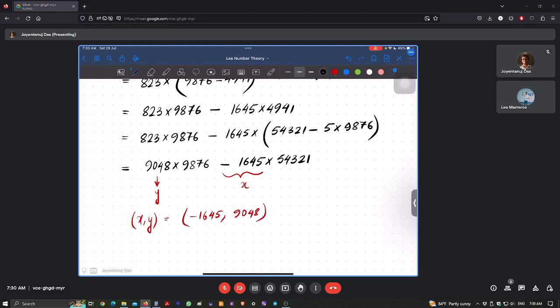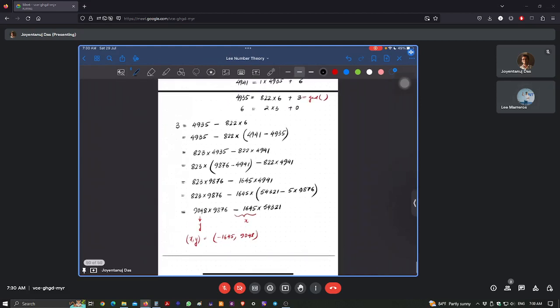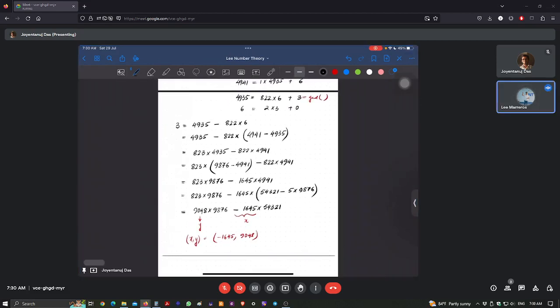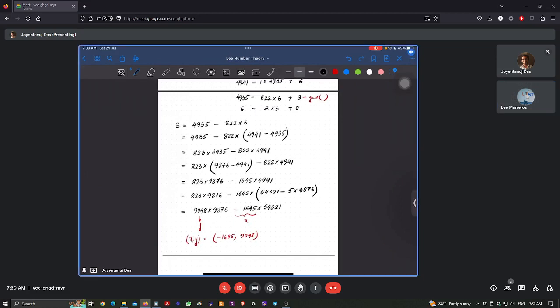So this is the solution. To build the general form, you just need any solution, not the minimum. They have only asked to find a single solution, so that is fine. Now for part 2, they are saying to describe all integer solutions.